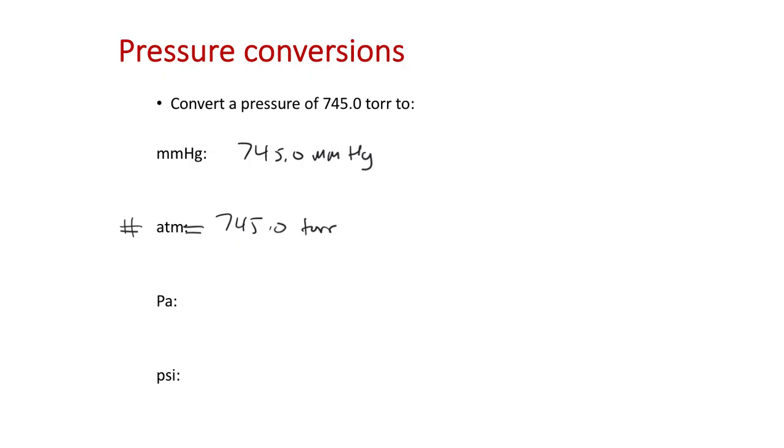I can go with either torr or millimeters of mercury in this step to show the conversion into atm. So the number of atm in 745 torr is really easy. 760 torr is 1 atm, so this should be a little bit less than 1 atmosphere.